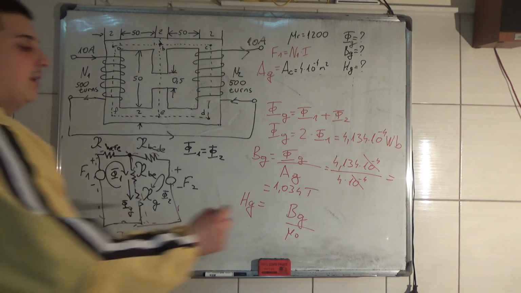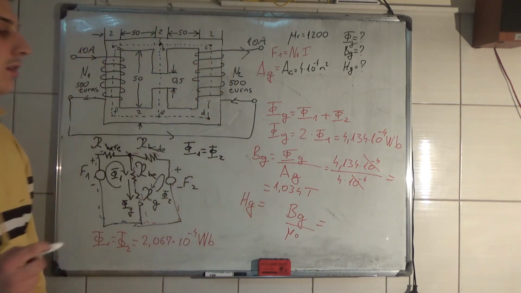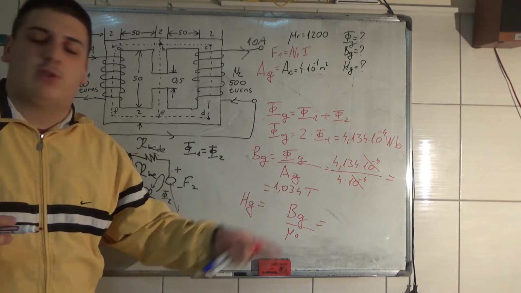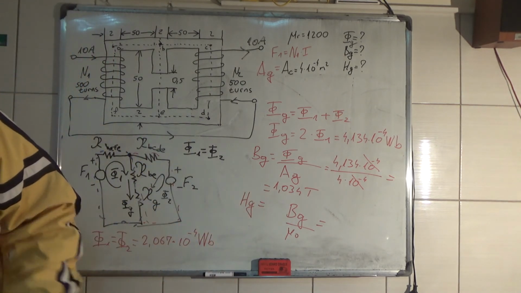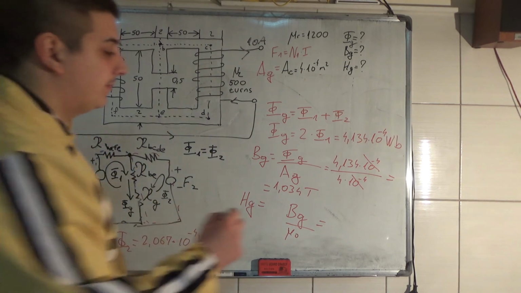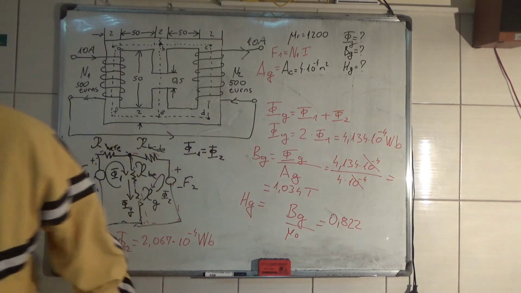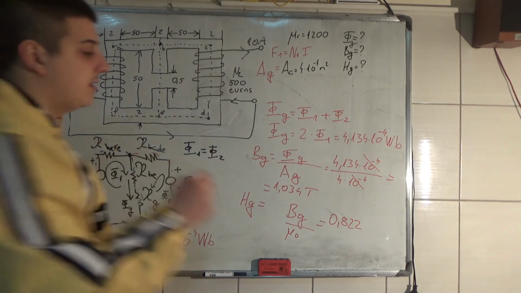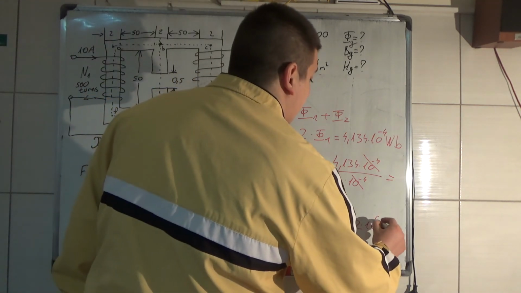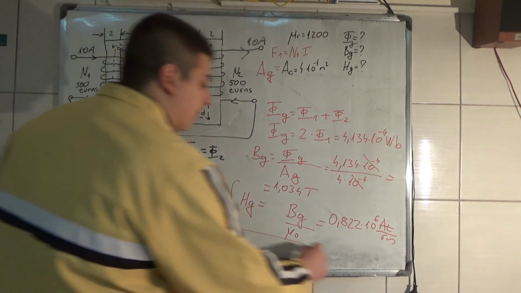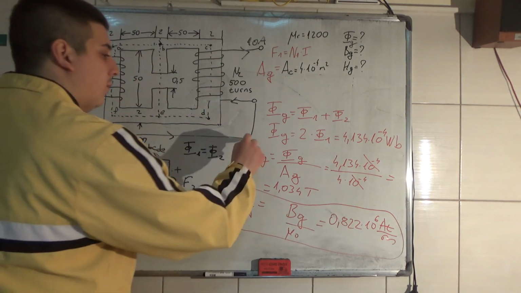Sorry about that. And you get 1.034 Teslas divided by 4 pi 10 to the minus 7, and is equal to 0.822 times 10 to the 6th ampere turns per meter. So now we got what we wanted.